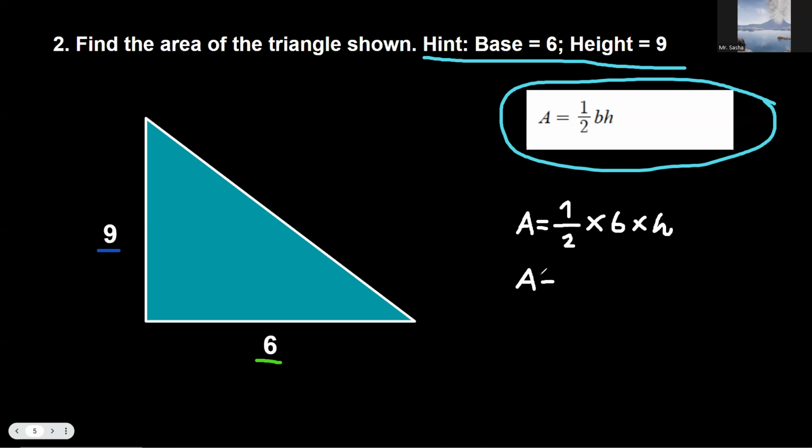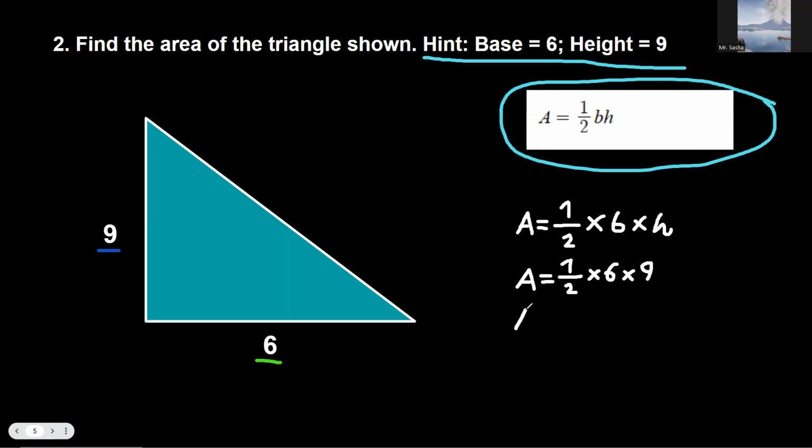Now let's substitute. So we have area equals 1/2 times the base, which is 6, base equals 6, times the height. Height is equal to 9.